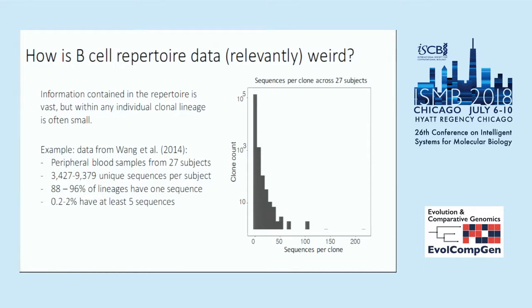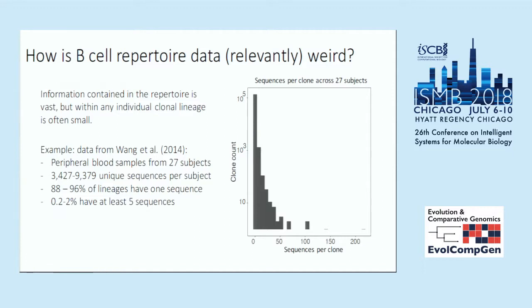And one large issue is that 88 to 96% of these clonal lineages will have only a single unique sequence in them, which isn't exactly a very interesting phylogenetic tree. And less than 2% of these lineages, depending on the subject, have at least 5 sequences. So really within these data sets, you're dealing with a lot of very small trees.